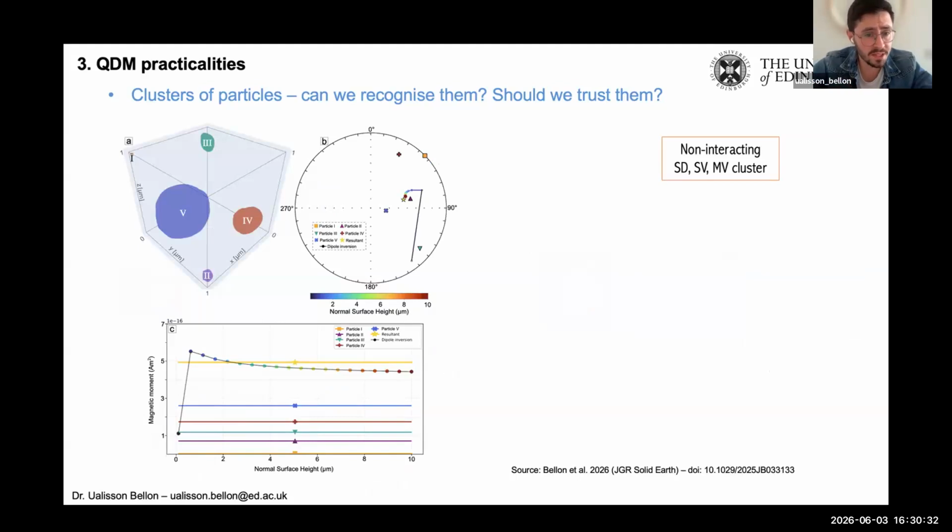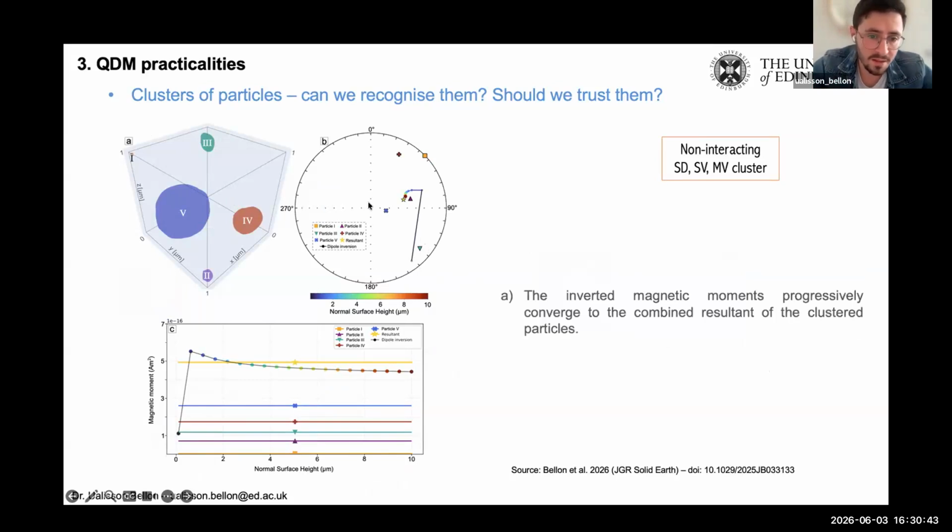Well, we try to invert for the magnetization of that voxel, for the magnetic moment related to that voxel, which means for the resultant of it. We can see that in the stereogram, you can see the different directions of each one of the particles here. And then the star is the resultant. And then the spheres are basically the inversion as we increase the distance.